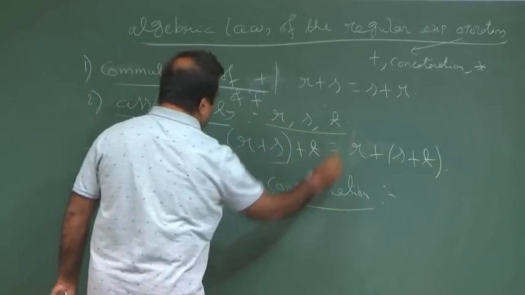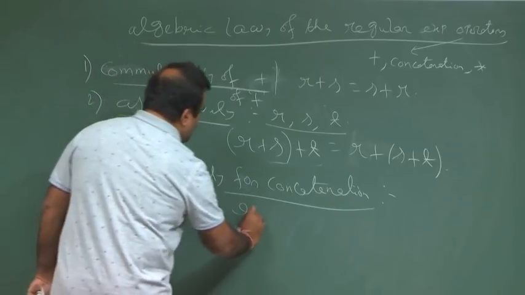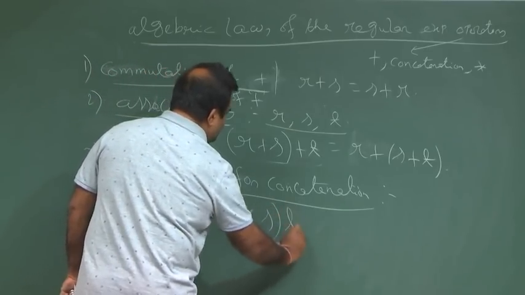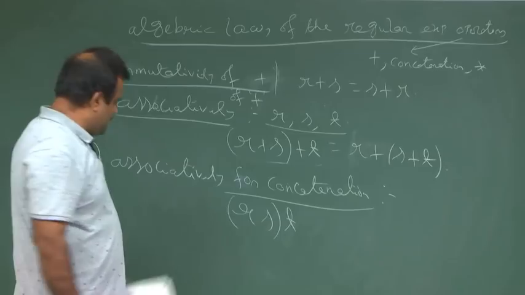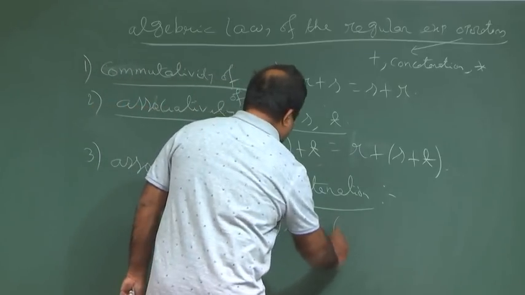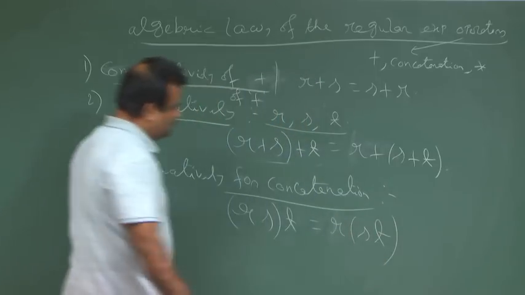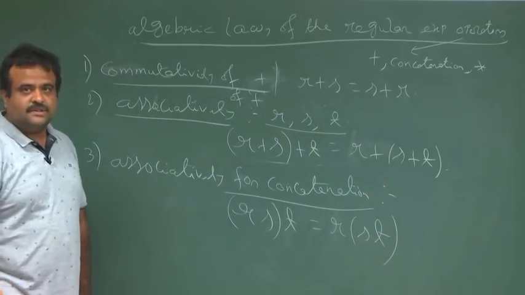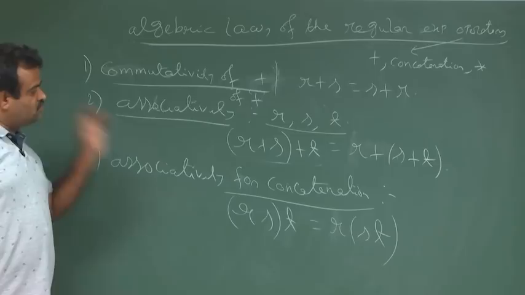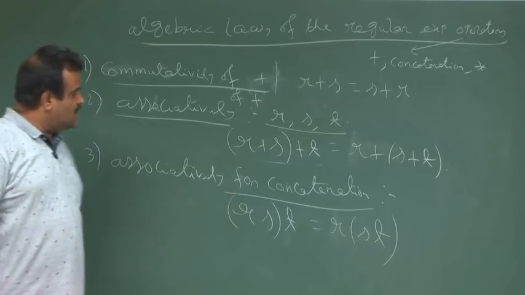So, if we have three regular expressions, we want to check whether R S then T is the same as R then S T. This is the meaning of associativity, if it is true for all such regular expressions.